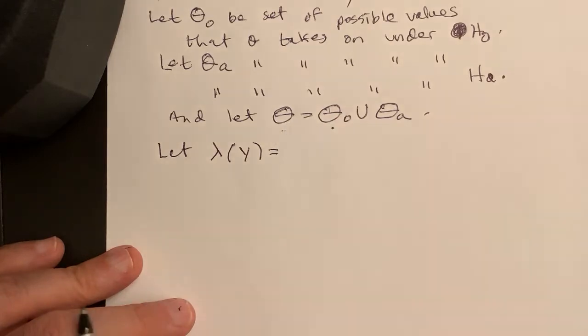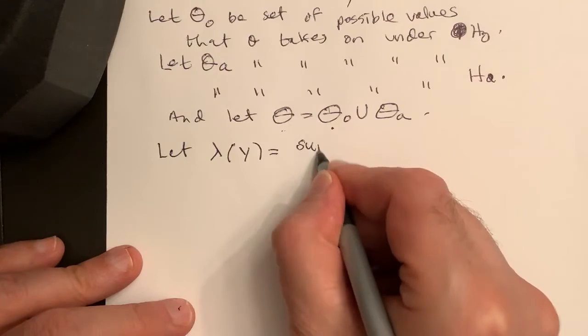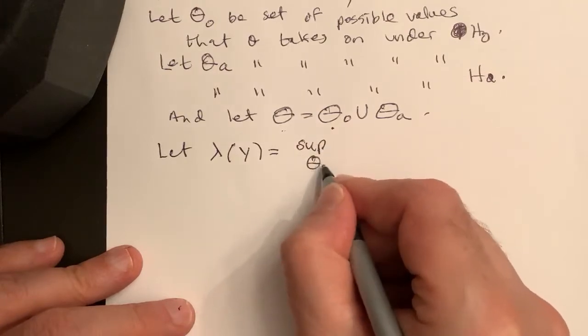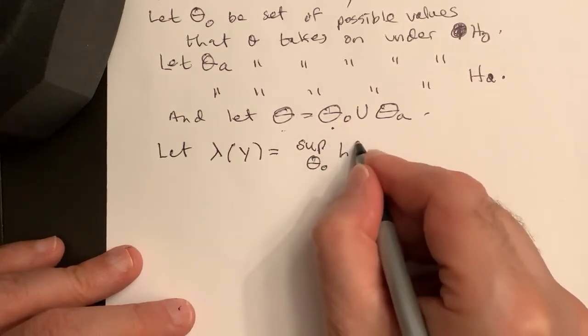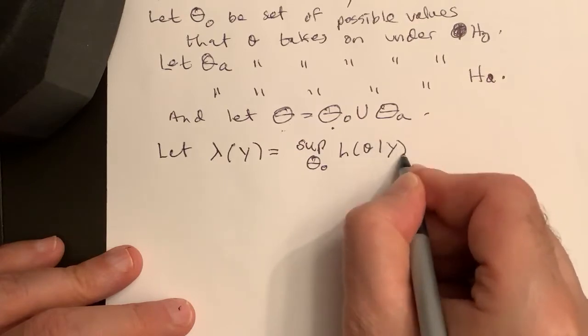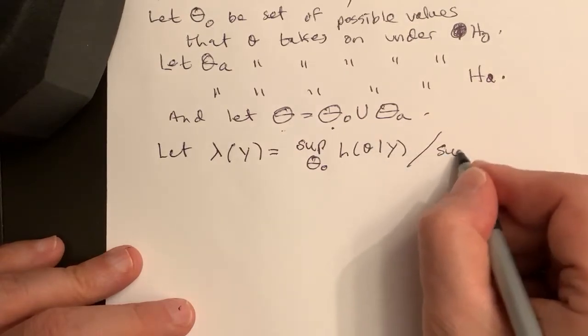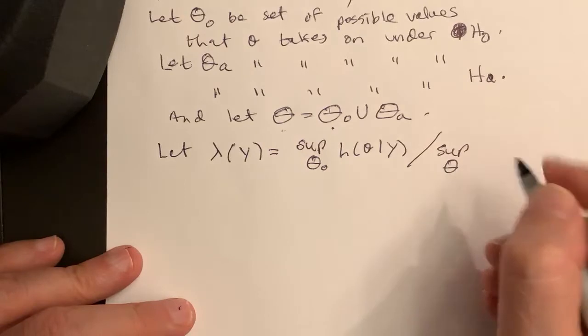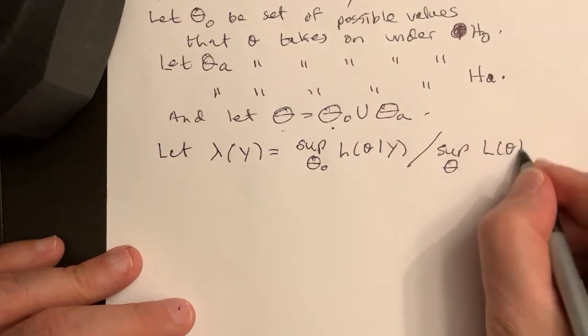Therefore, it will always be less than or equal to 1. So we define it this way: sup over theta in theta 0 of L, divided by sup over the full, unrestricted set of L of theta given y.